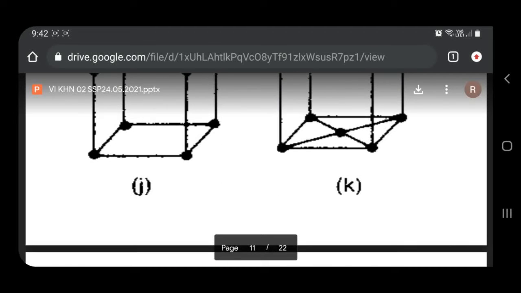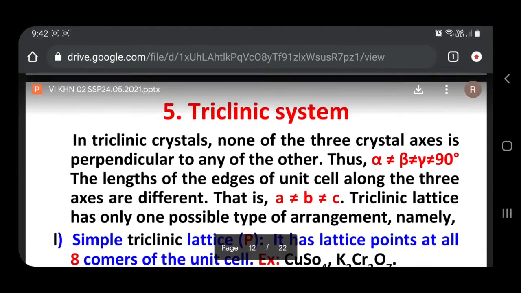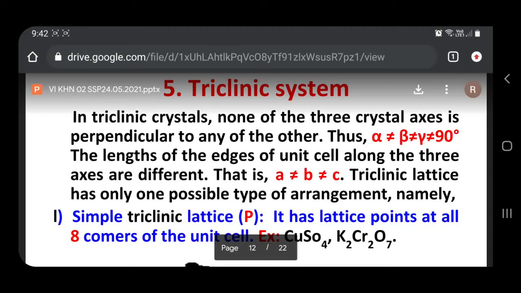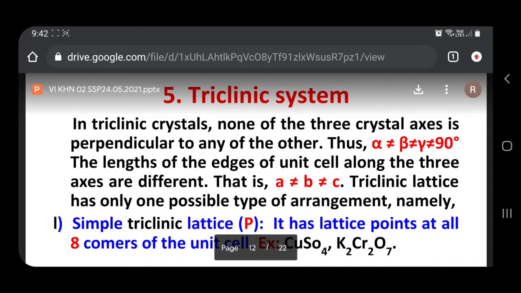Okay, that is the fourth system, and fifth crystal system is triclinic systems. So in triclinic crystals, none of the three crystal axes is perpendicular to one another.